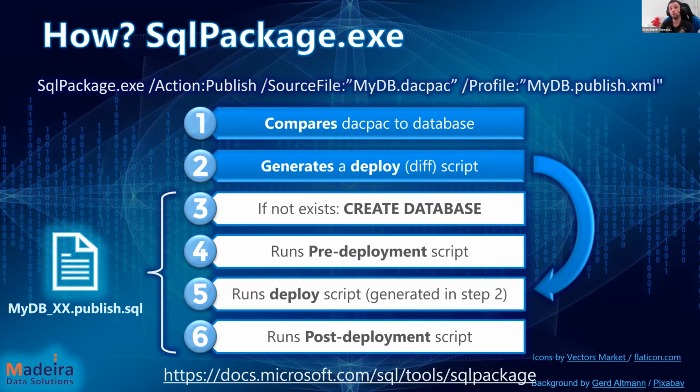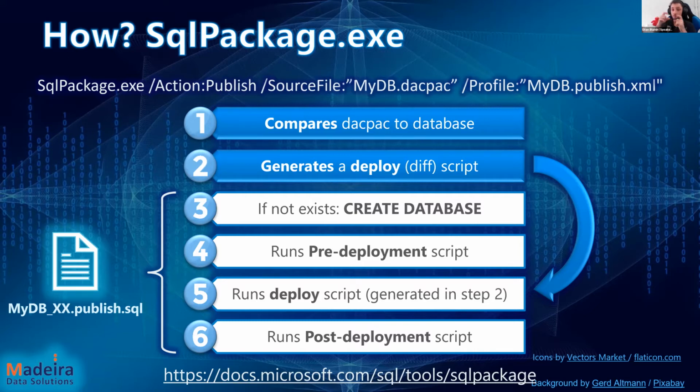And I'm showing you this because it's important to understand it if you want to understand how pre-deployment scripts and post-deployment scripts work. So they are not part of the diff of the comparison, and the result of the comparison runs after the pre-deployment and before the post-deployment.